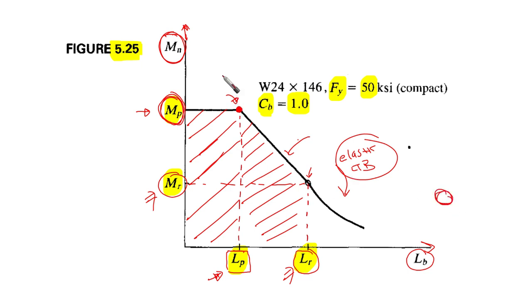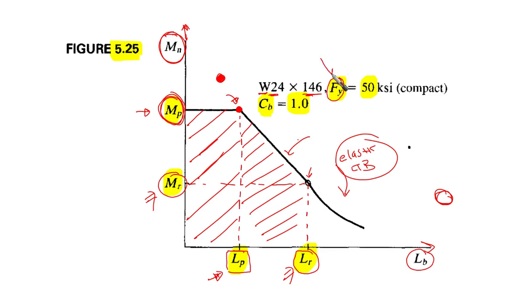But here a solid circle is going to be found. So remember, this is the shape of the curve that you're going to see in the chart. This example was given for wide flange W24x146 with F yield.